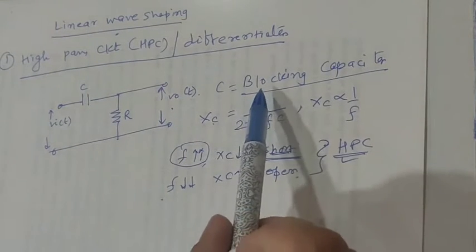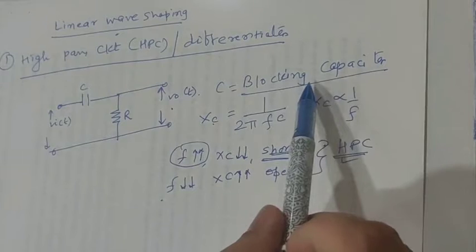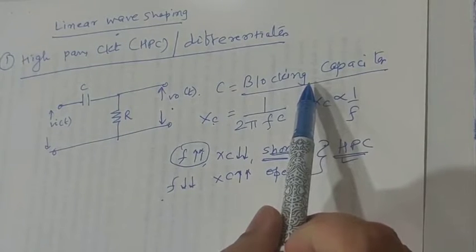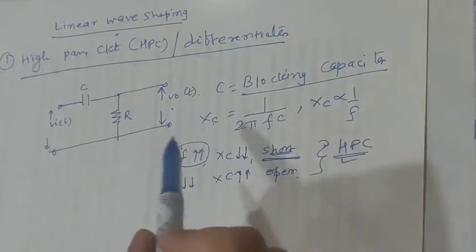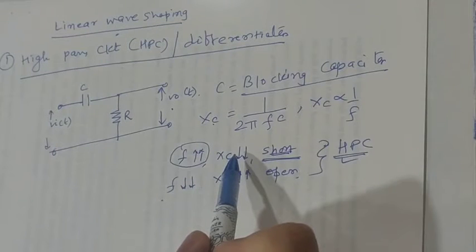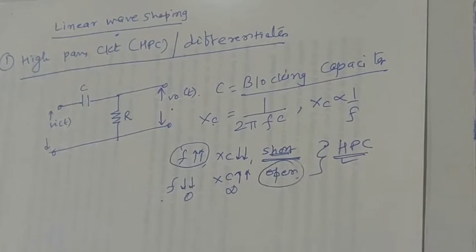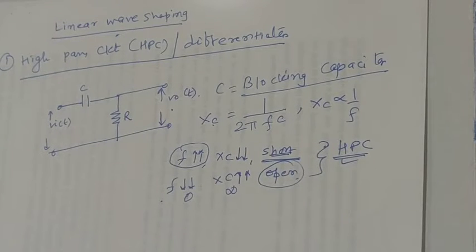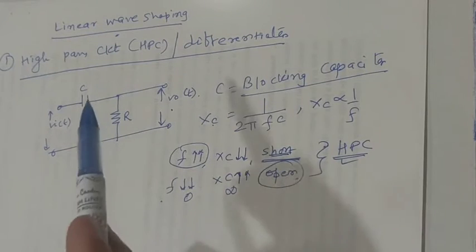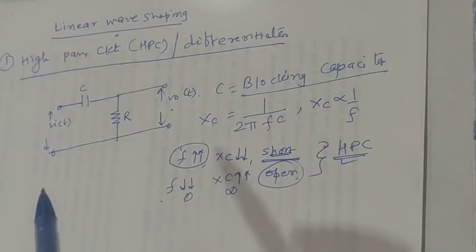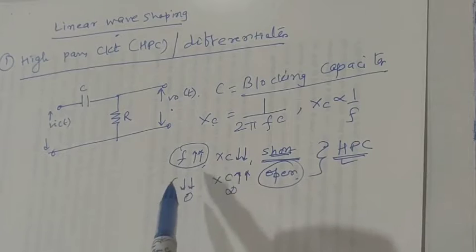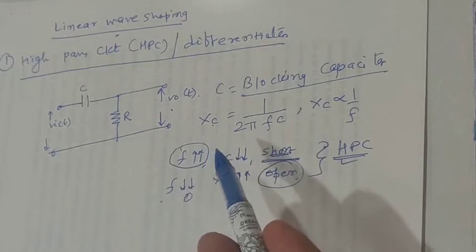I have told you that the capacitor used for this purpose is called a blocking capacitor because it blocks the lower frequency components and allows the higher frequency components to pass through it. Now if the frequency decreases to 0, the capacitive reactance will be infinity and the capacitor acts as an open circuit, and therefore the signal will not be in a position to pass through the capacitance.